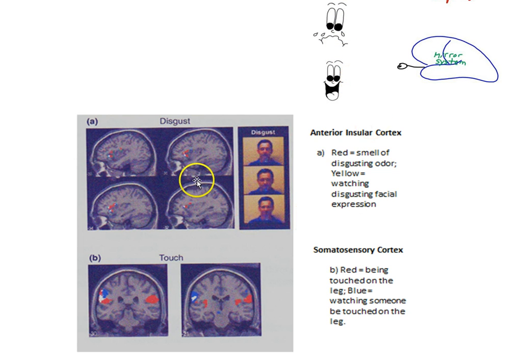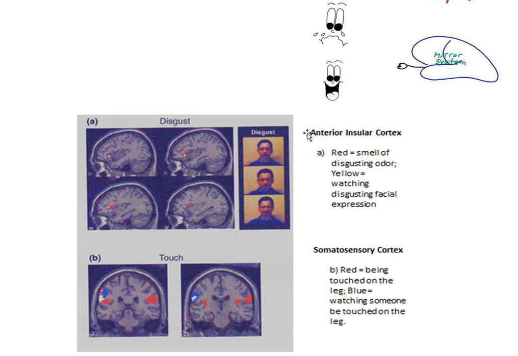Okay, down at the bottom here, we have a very common type of study where the subjects are put in the brain scanner, and so we're measuring brain activity while they are seeing various faces with different facial expressions. So in this case, the emotion of disgust is what this person is showing on their face. Now, there is a part of the brain called the anterior insular cortex that is active when we ourselves have the emotion of disgust.